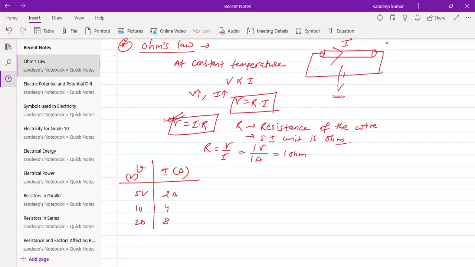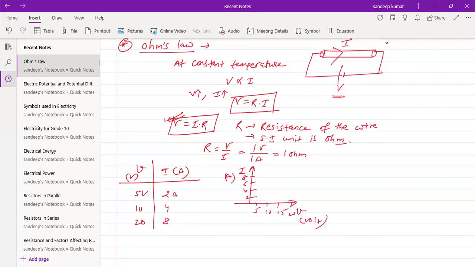So you can plot this graph. This is the V versus I graph, children. I'm taking 5 volt, 10 volt, 15 volt, 20 volt, and 2 ampere, 4 ampere, 6 ampere, 8 ampere.